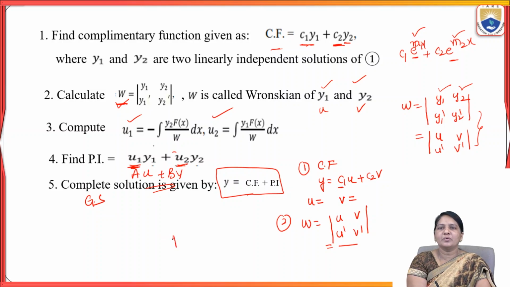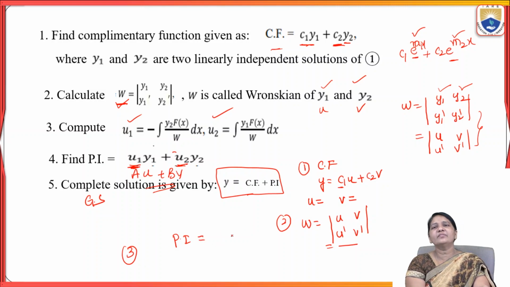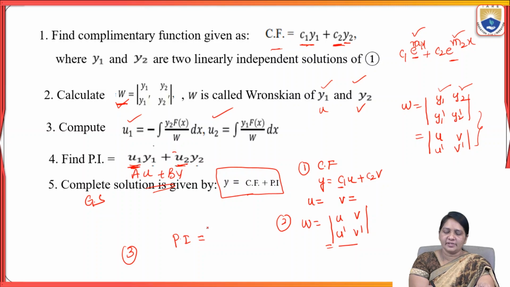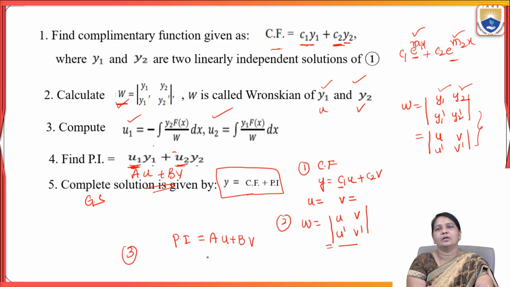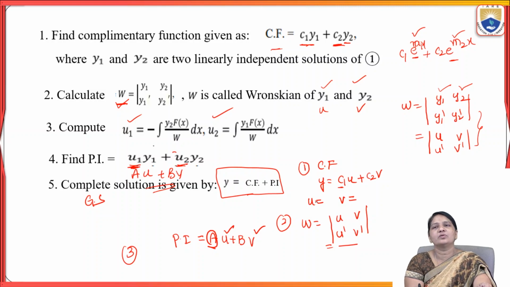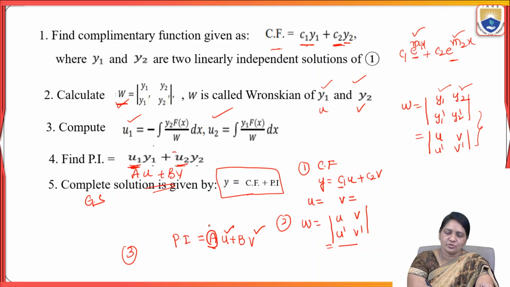In the third step, we assume the particular integral first. Based on the complementary function, we assume the particular integral is, in place of c1, A into u plus, in place of c2, B into v. Already I know the u and v, since I got these two values from the complementary function. So what is A?